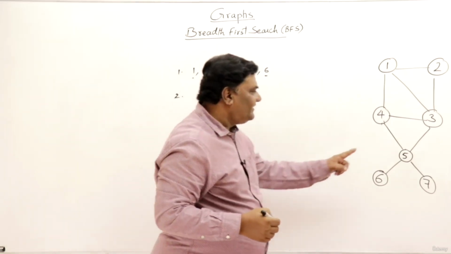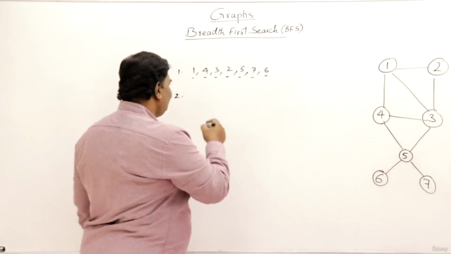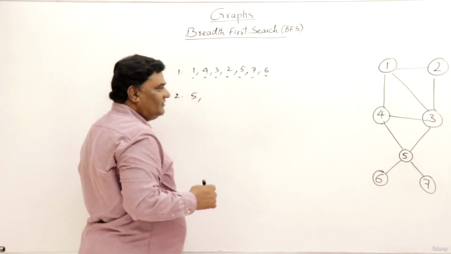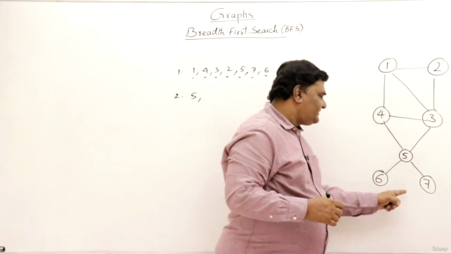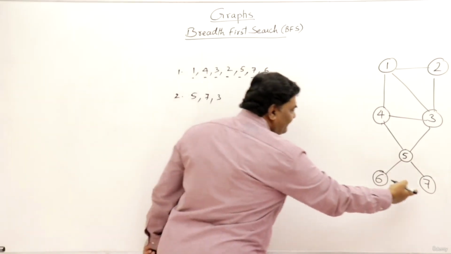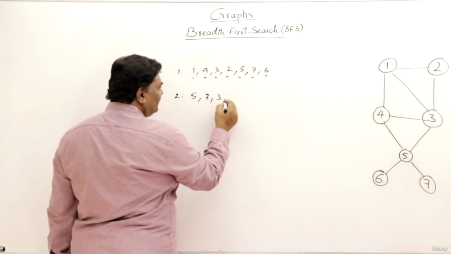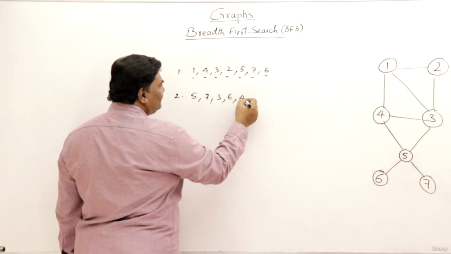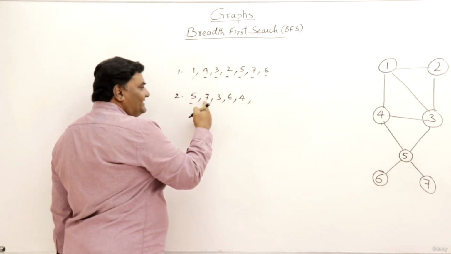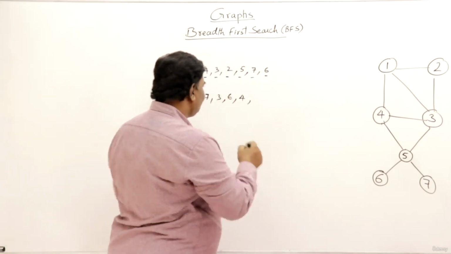I'll start exploring from vertex 5. Okay, start from 5. Visited. Explore 5. Who are adjacent? 3, 4, 6, and 7. So I will take 7, 3, then 6, 4. Then 5 is completely explored. Explore 7. There is nothing adjacent to 7.